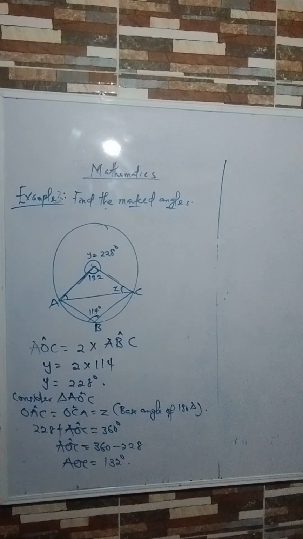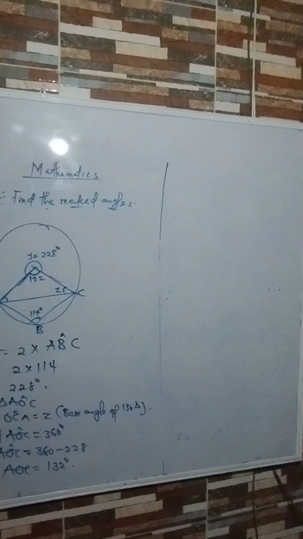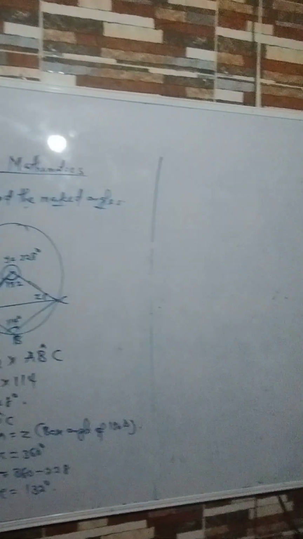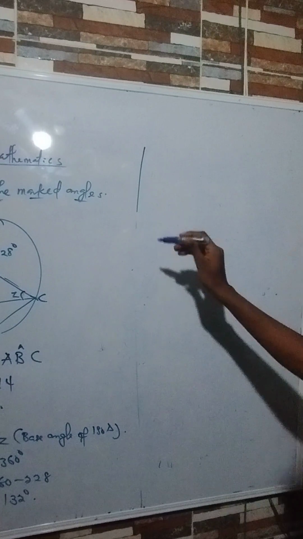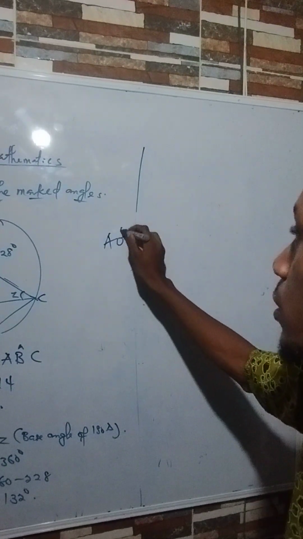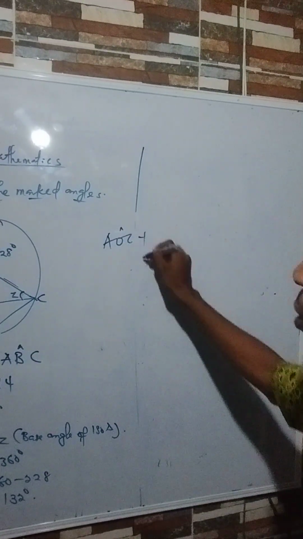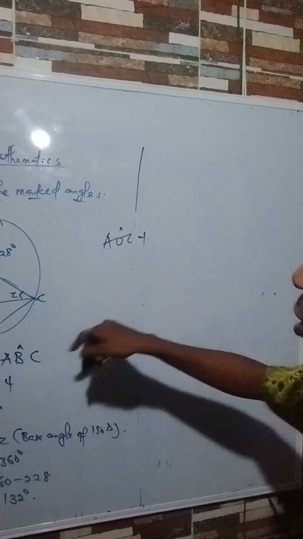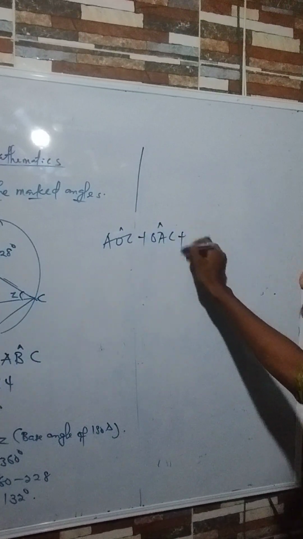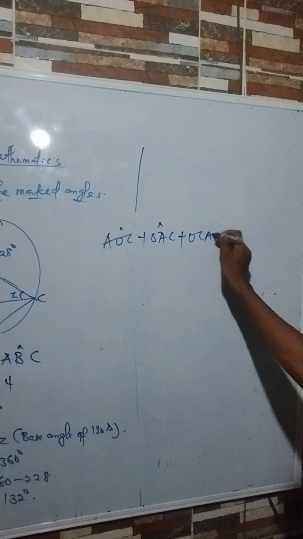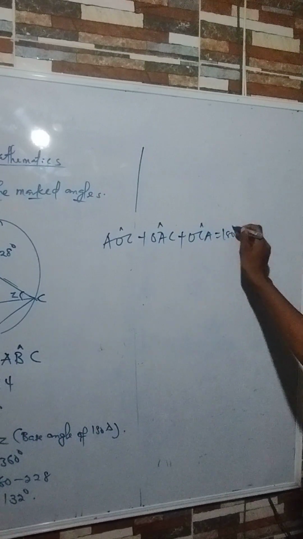Now if that place is 132, we can continue our solution at this point. We can say that AOC plus OAC plus OCA is equal to 180 degrees.